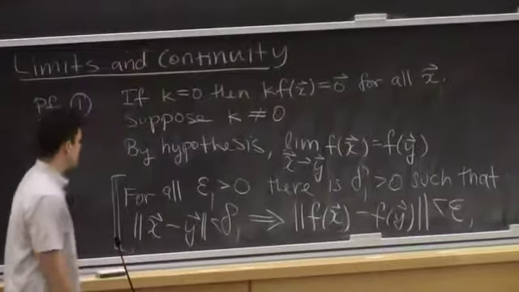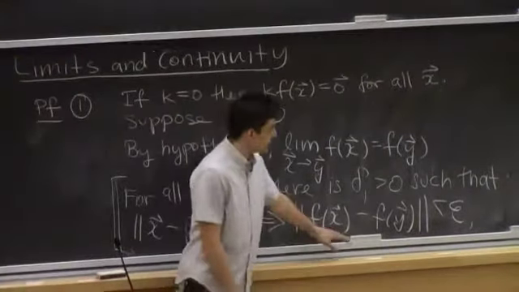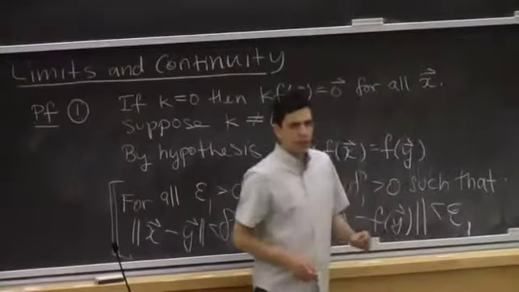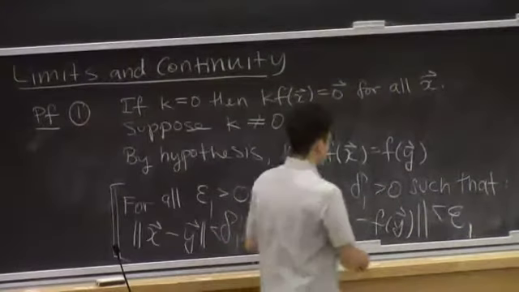Yes, very good. So if these guys are delta 1 close, then these guys are epsilon 1 close. Okay, so now comes the hard part of the argument.